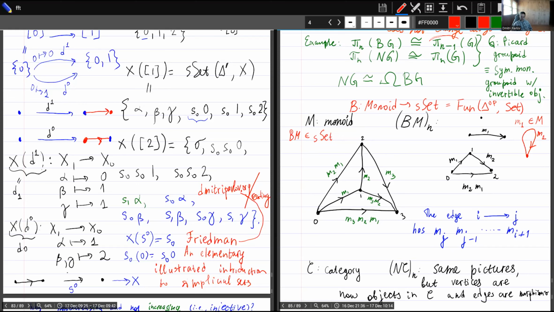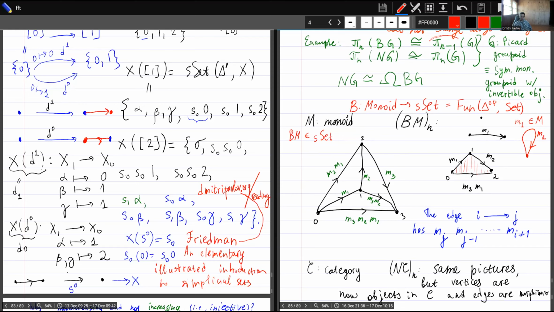Next, let's talk about two simplices. So here is a two simplex. Such a two simplex has degenerate edges, which we ignore, and it has three non-degenerate edges from 0 to 1, from 1 to 2, and from 0 to 2. Now, the edges from 0 to 1 and from 1 to 2 are edges in my simplicial set, and according to the previous description, they have elements of our monoid associated with them.